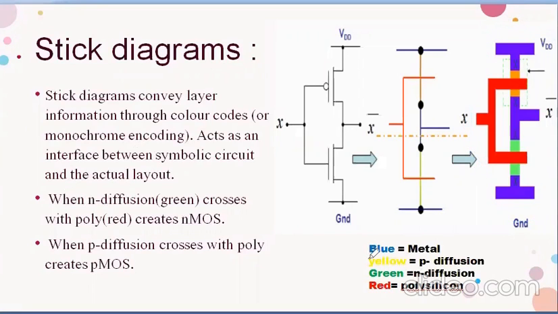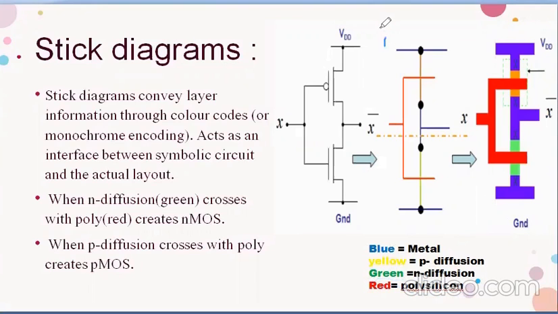We represent metal with blue color, P diffusion with yellow, N diffusion with green, and polysilicon with red color.